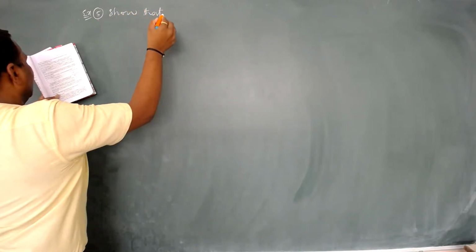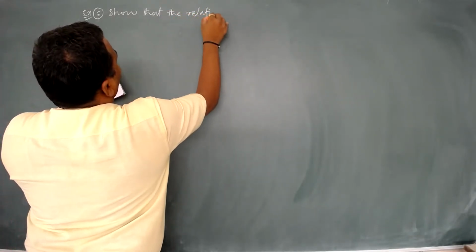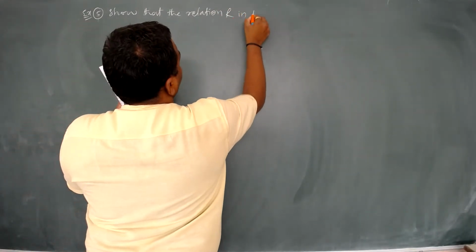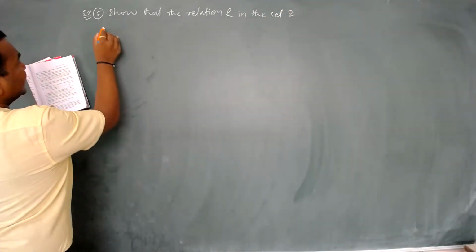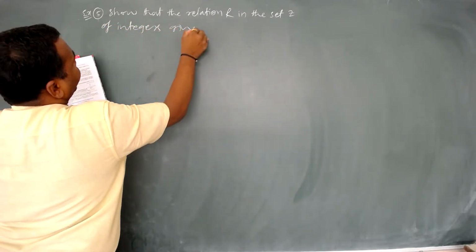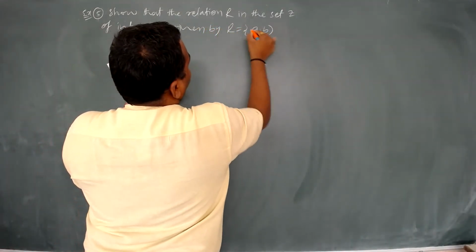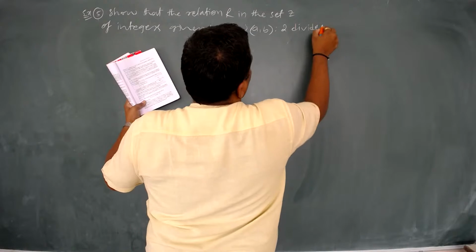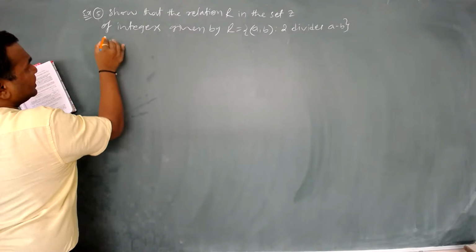Show that the relation capital R in the set capital Z of integers given by R equals a comma b such that 2 divides a minus b is an equivalence relation.